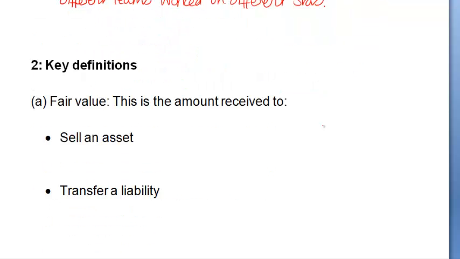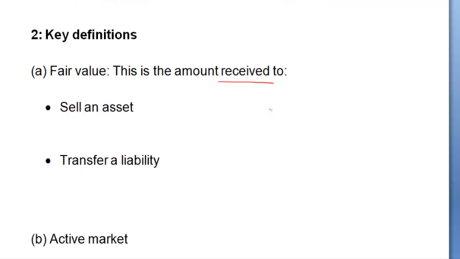So, let's start off with basics. What exactly is fair value? Well, it's the amount that we're going to get from either selling an asset or transferring a liability to another party.